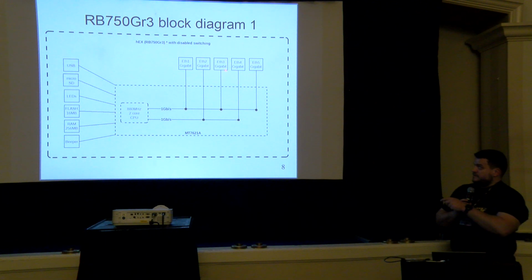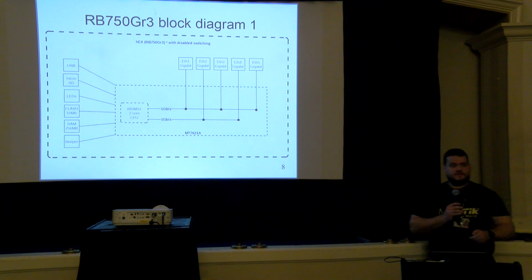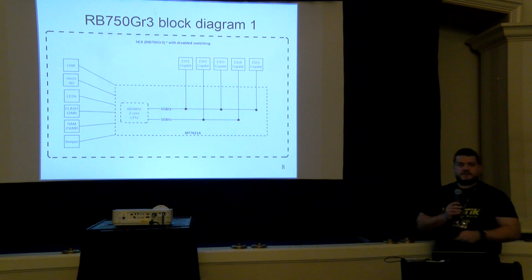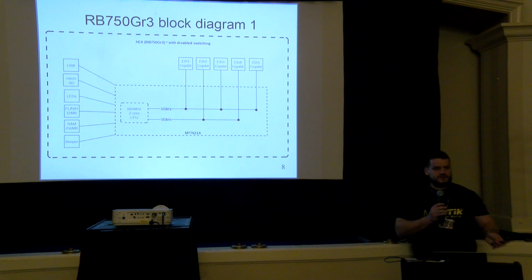The first, third, and fifth ports by default are connected to one gigabit line, and the second and fourth share the other gigabit line. So you can't get from second to fourth 1 gigabit full duplex, only 1 gigabit total. So in this case, half duplex.